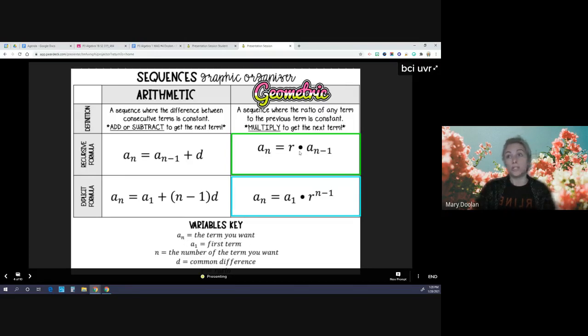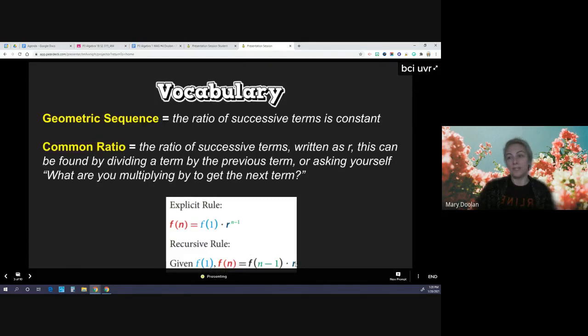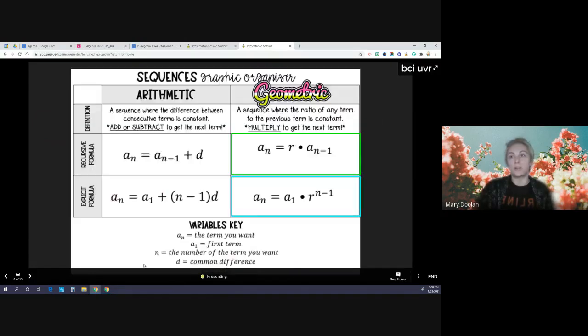It's equal to the ratio, the common ratio, r, times a sub n minus 1. So it's the same thing, but notice that sometimes they write it differently. Here they take f of n minus 1 and r, and they actually reverse the order here. Okay, they put r first, and then they put the term before, is what that means. So it's the same thing, just a little bit different.